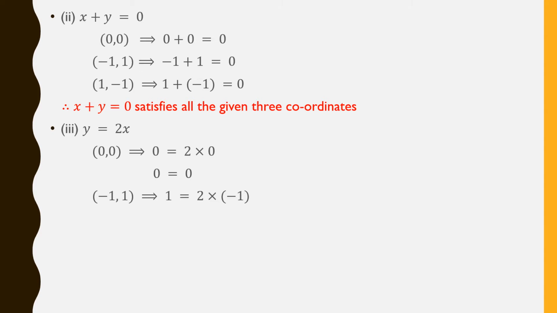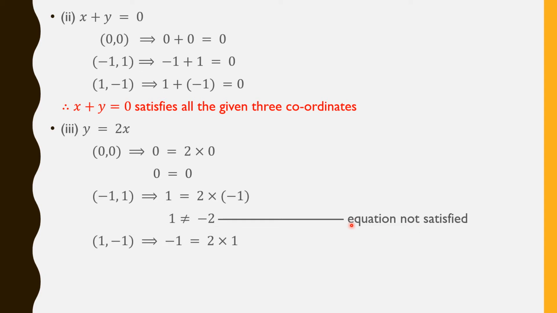As here the value of y is 1 and x is minus 1, we will get 1 not equal to minus 2. So the equation is not satisfied. Now substituting (1, minus 1) in y equals 2x, we will get minus 1 equals 2 into 1, which will give minus 1 not equal to 2. Therefore, equation not satisfied.